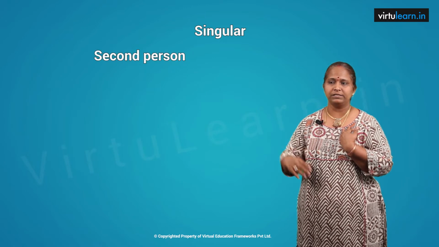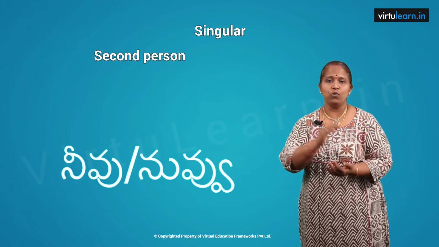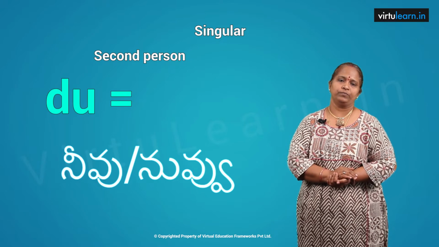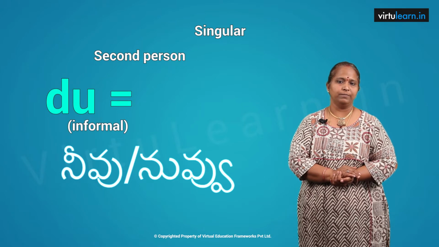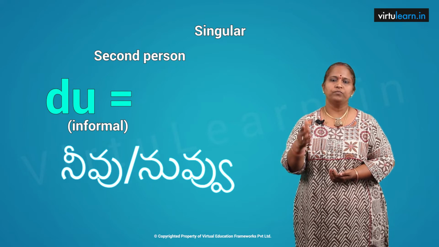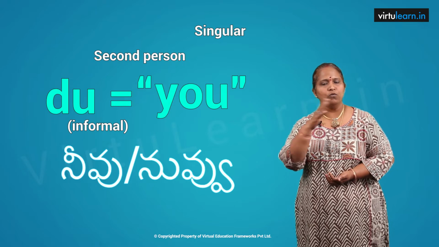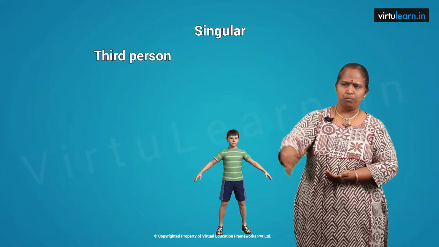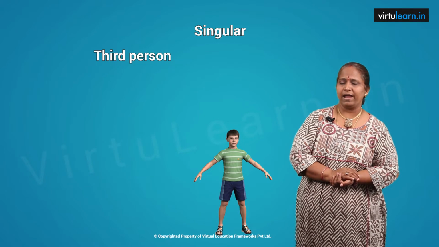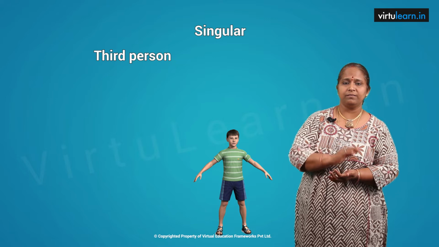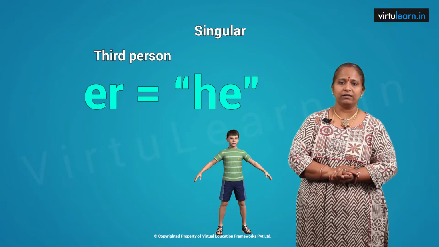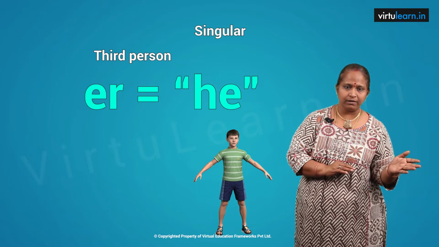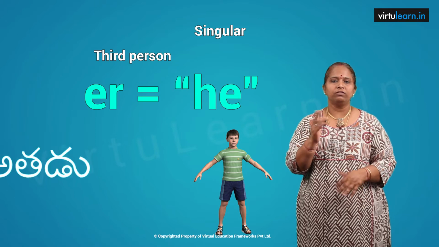The second person, nuvvu, du. So this is informal. Du, you or nuvvu in Telugu. Then the third person, a boy is standing there. I can address him as he, which means er. Er, he, atadu.